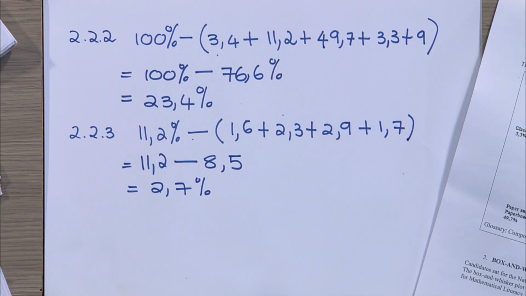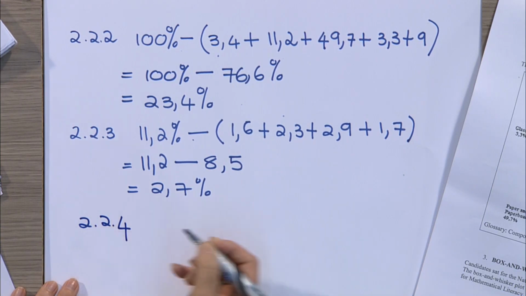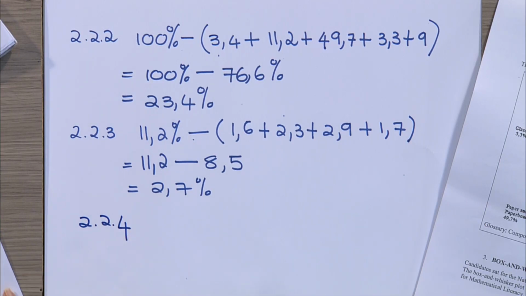Then we move along to question 2.2.4. So question 2.2.4 says calculate in tons the total amount of plastic recycled in 2015. All right.